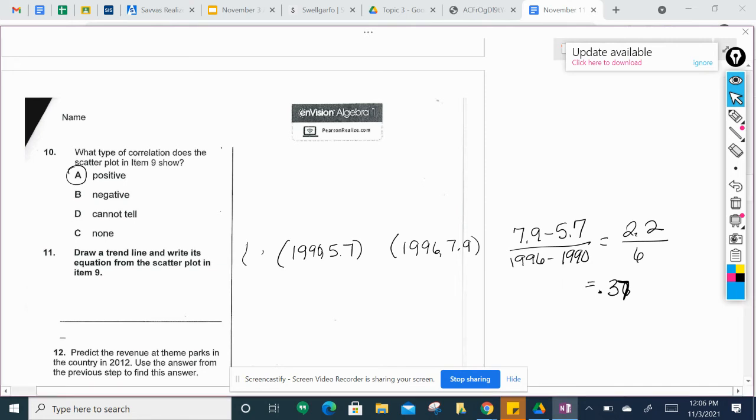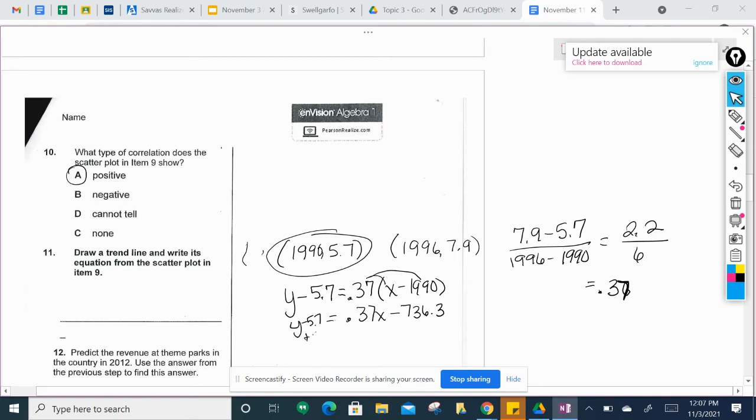All right, once I have my slope, I choose a point and I begin to write my equation. Y minus 5.7 is equal to 0.37 times x minus 1990. And then I do my 2 steps to get this in slope-intercept form, 0.37x, and then 0.37 times 1990, I get 736.3.